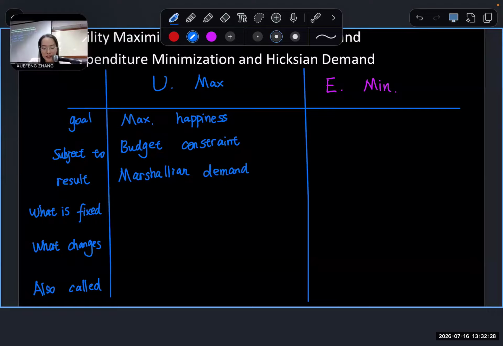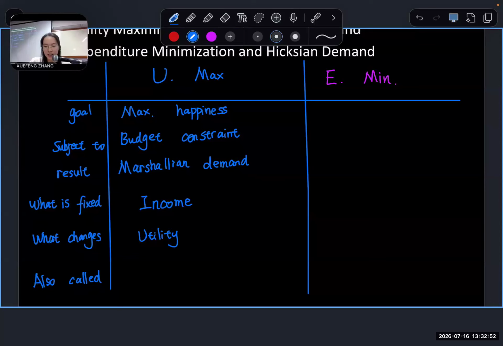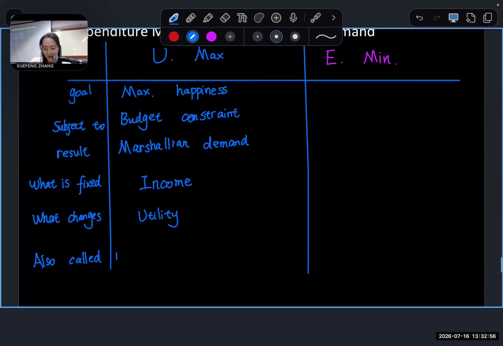What is fixed for utility maximization? Which means the constraint, right? So we fix the income. So what changed? The utility, right? Utility. So Marshallian demand, we also call it uncompensated demand.